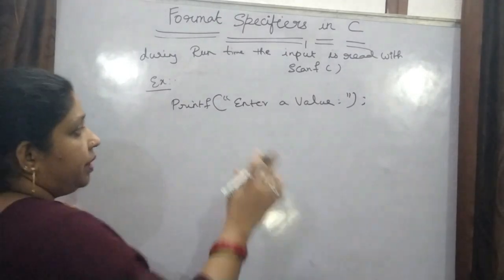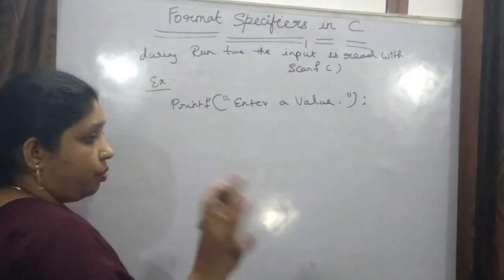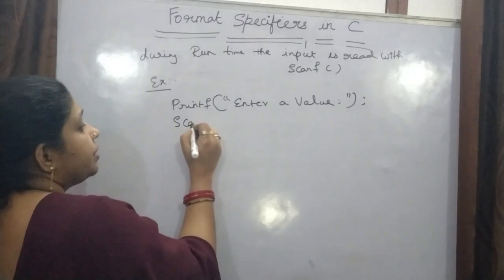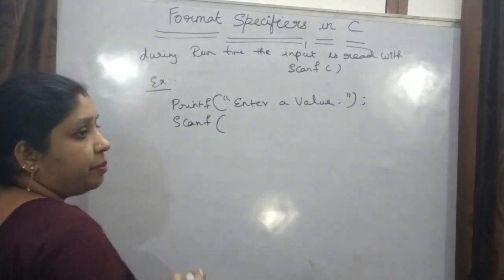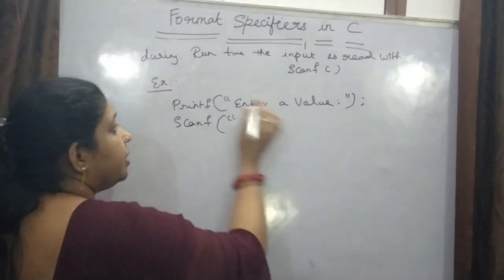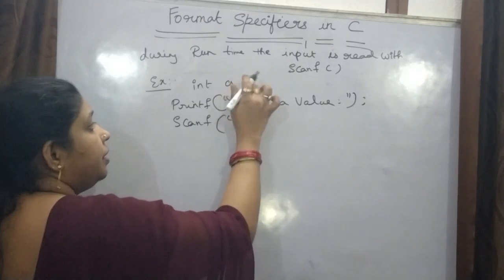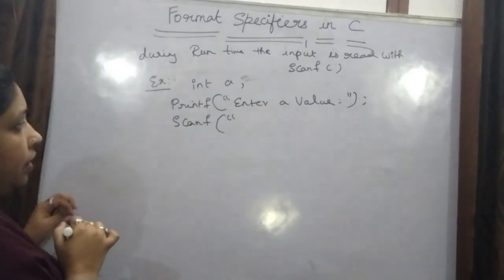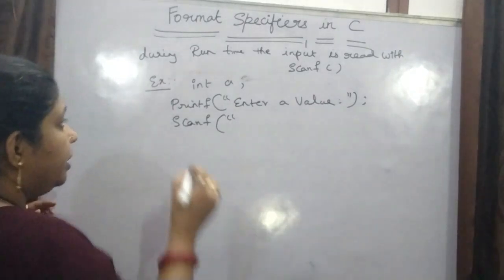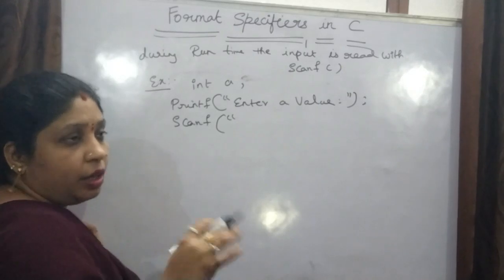Now when you see this, you will enter some value. Now how should that value be stored in that particular variable? scanf, open the braces, open the double quotes. Suppose you are entering int A, I am declaring. Suppose you are entering some integer value, then you already know you will declare the integer data type in the program.